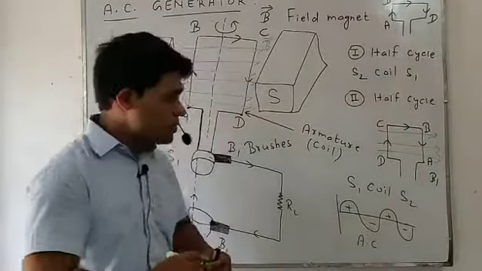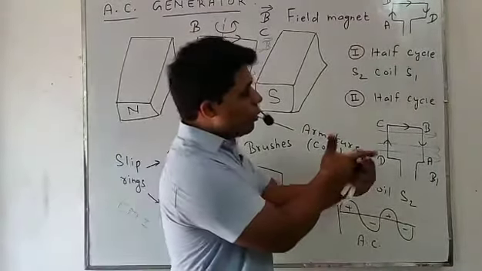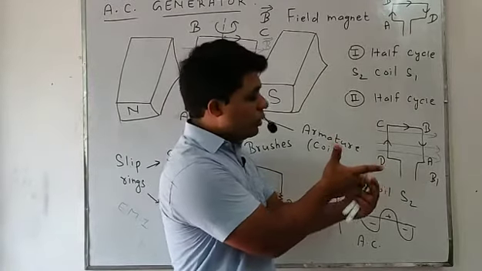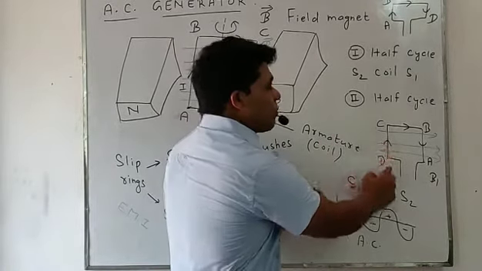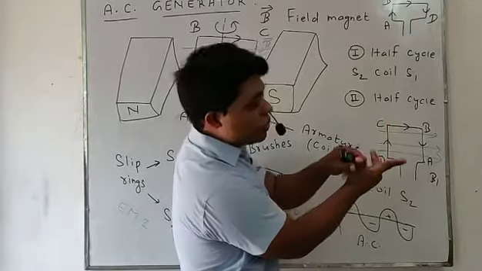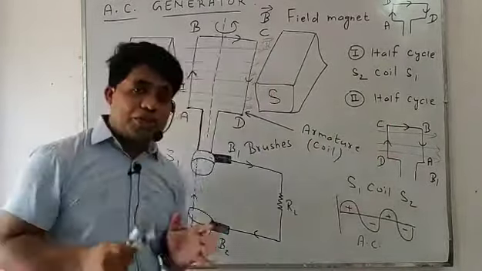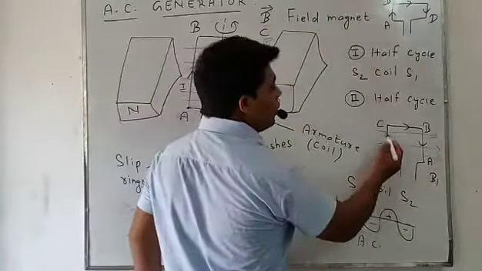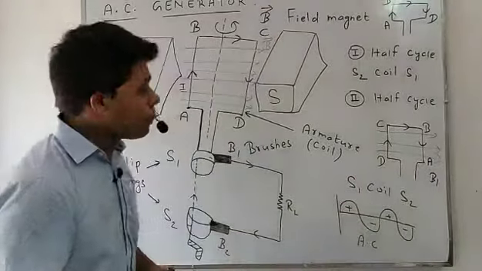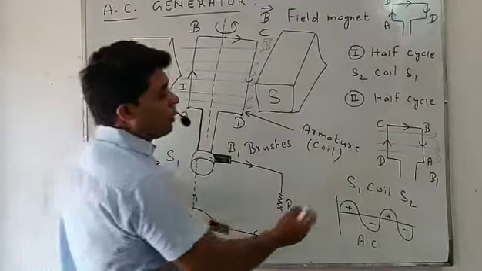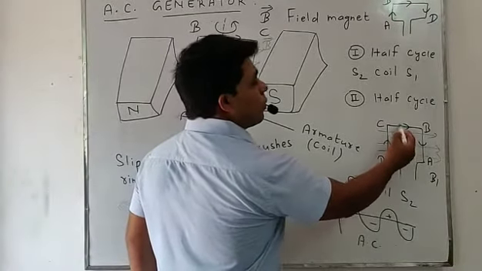This arrow represents the direction of magnetic field, and this time CD will move in the upward direction. So this is the direction of force. Now this is the direction of current. So this time the direction of current is from D to C in the second half cycle.